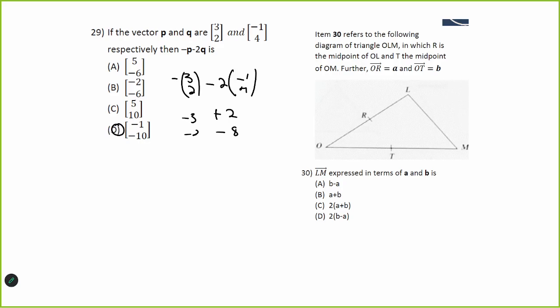D is the answer. Then this one here, A, B, they want LM. Going from here to here.